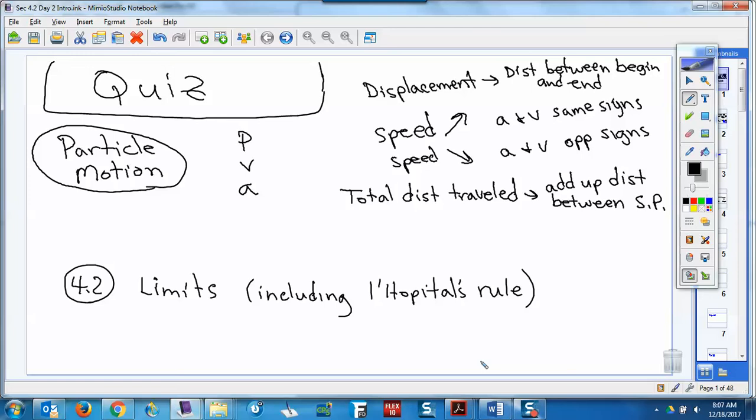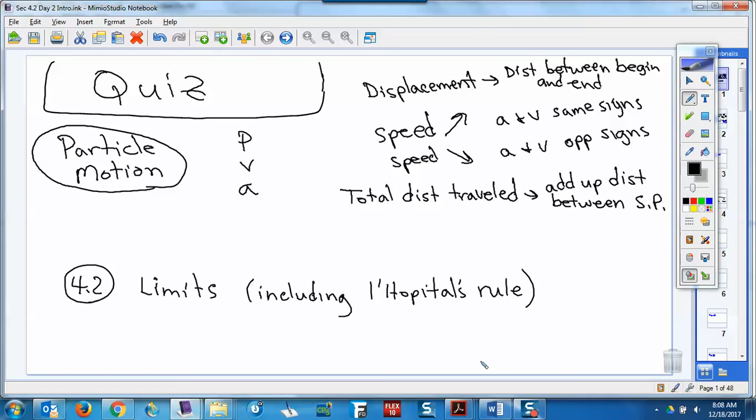I've thrown a couple things up here that I think are important. Of course, the chart: position, velocity, acceleration, f prime, f double prime. If I ask a question about when the particle is moving to the right, that's when its position is increasing, when its velocity is positive. A lot of the stuff in the chart is important to know.